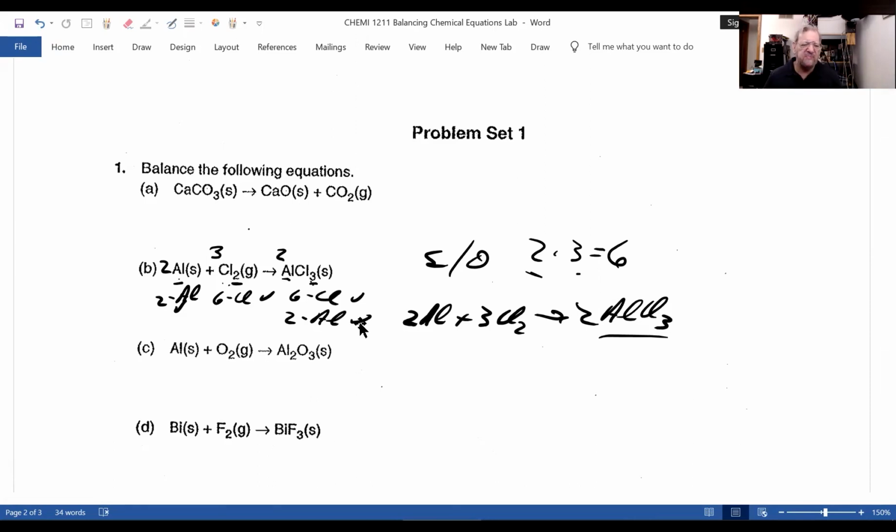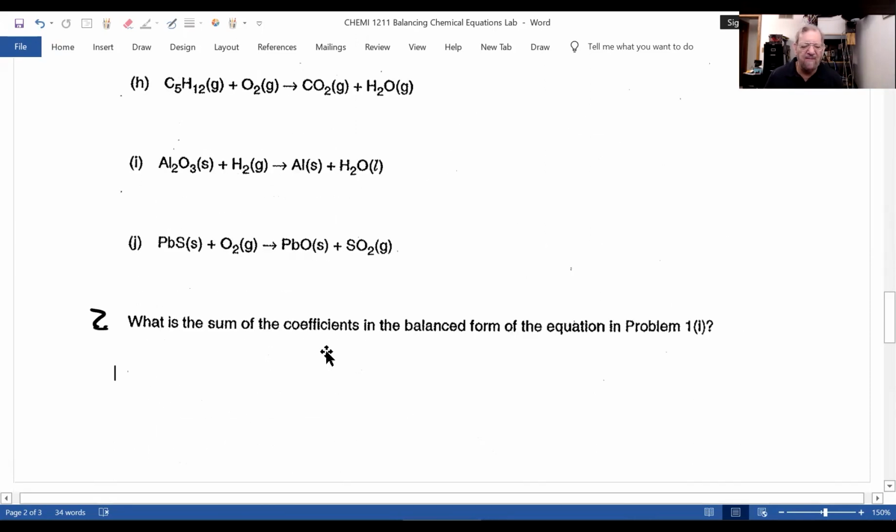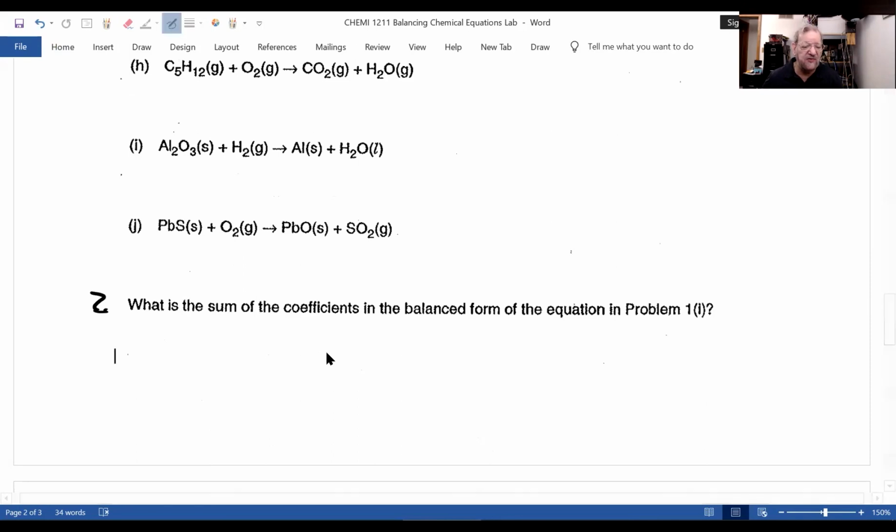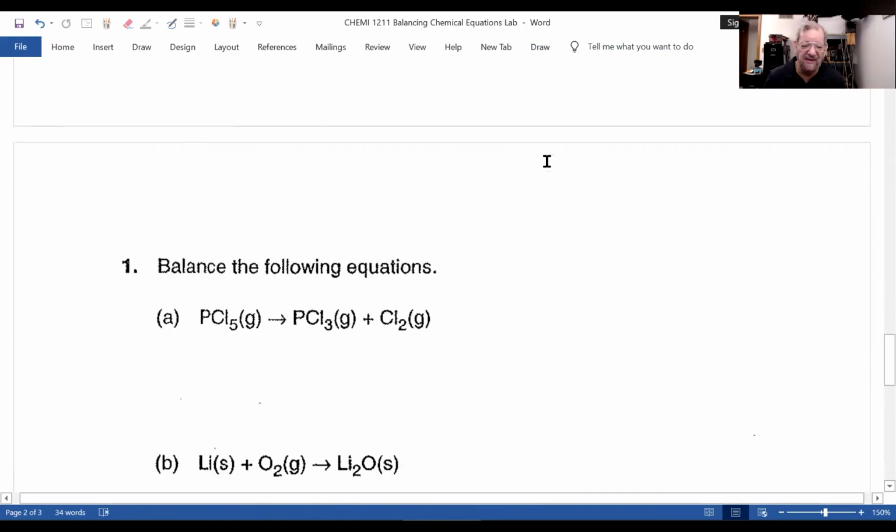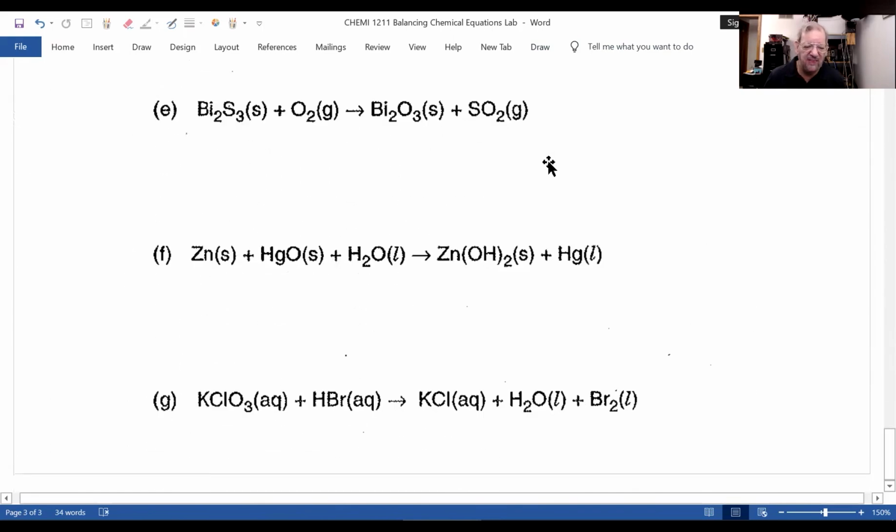Now, this one asks, what's the sum of all coefficients for problem I. And I'm not going to give it away because first you've got to balance it. But don't forget to do that. And on the next page, we have more, and do them all.